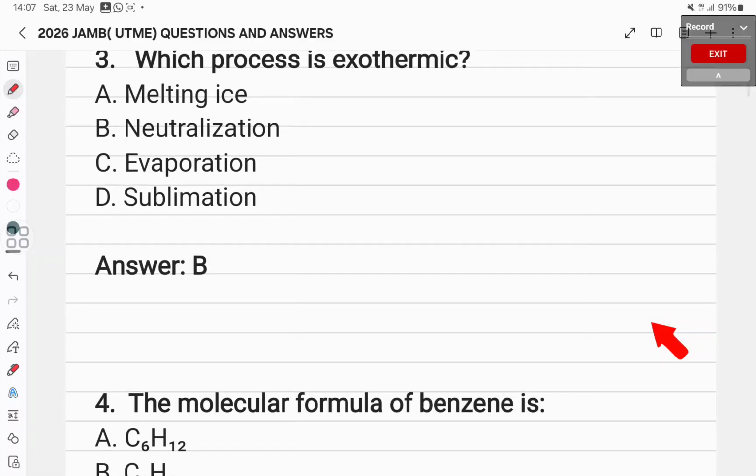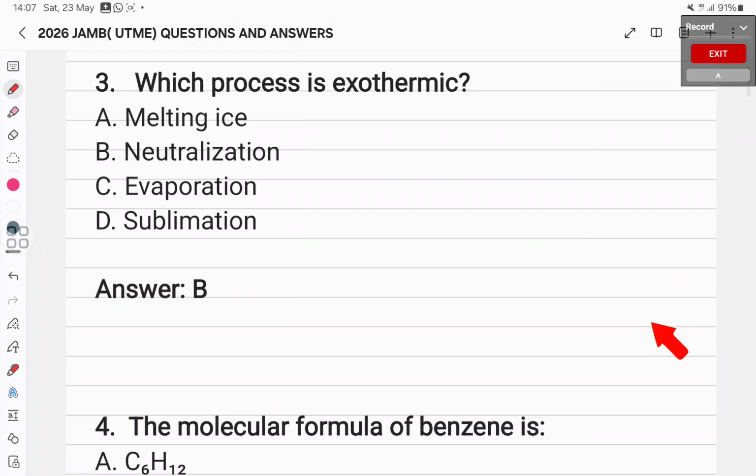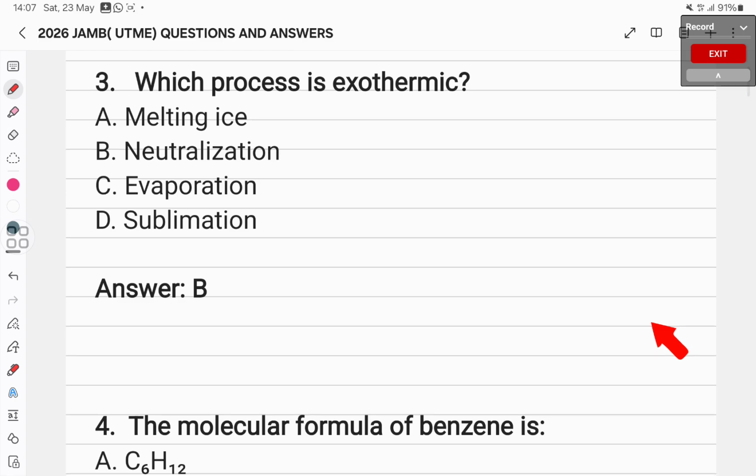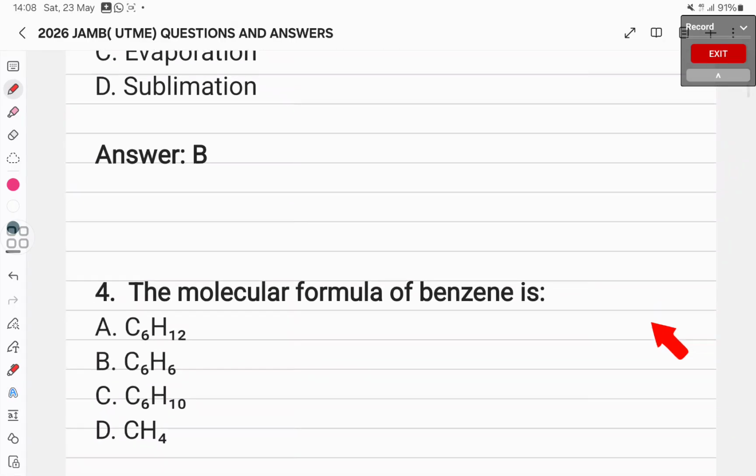Neutralization is an exothermic process because in the formation of water and salt, heat is released, and that is the reason why during neutralization of an acid with an alkali or a base, the container feels warm. When you carry out a chemical reaction and the container feels hot or warm, it means that reaction is exothermic. So the option B is correct.